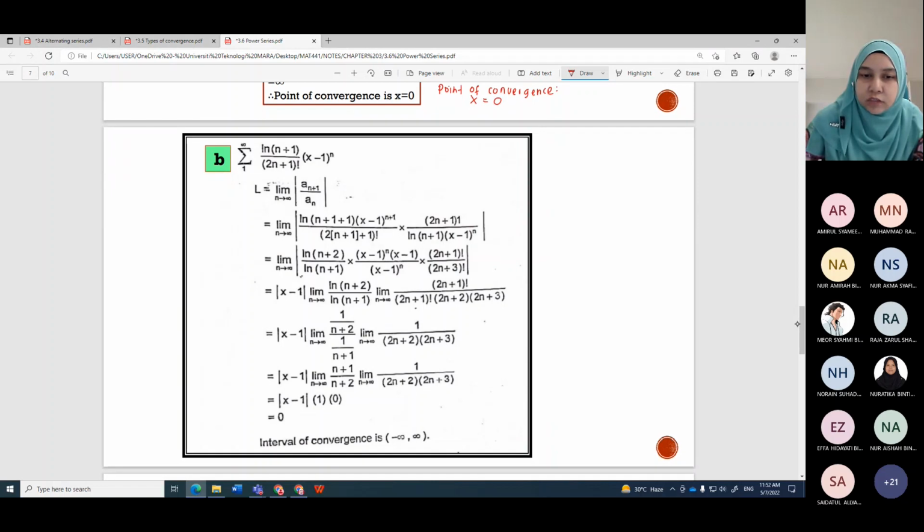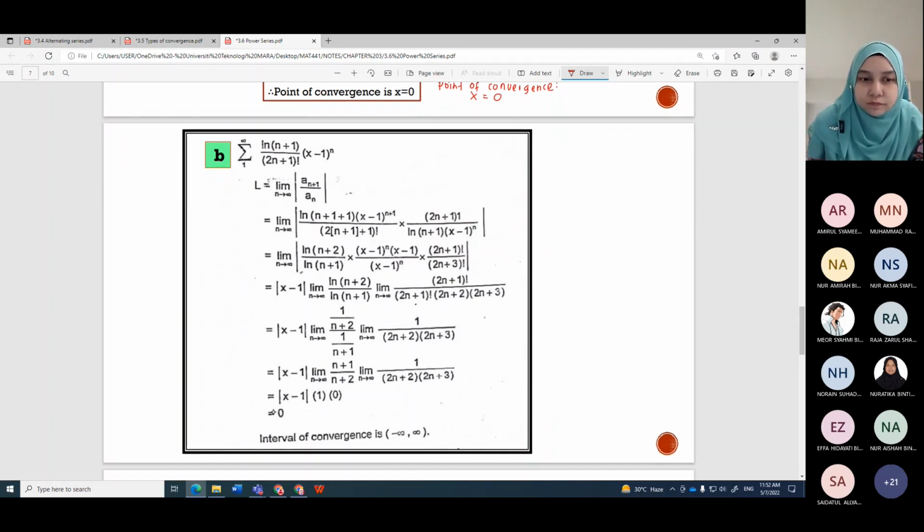Okay, B ini if L is equal to 0. Sama juga, you all perlu expand lah setiap function ini. Okay, ini sebab dia akan jadi yang ini lah kan. N boleh gantikan, boleh.